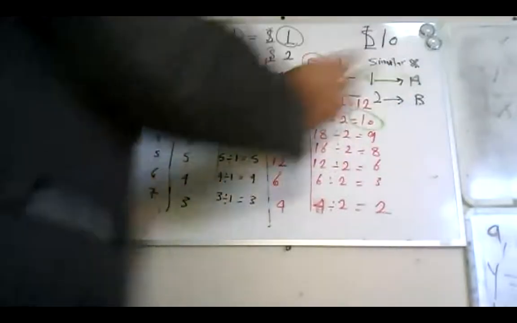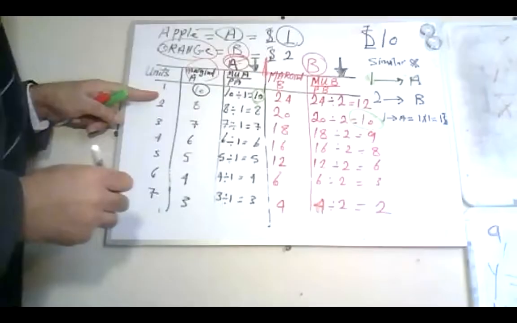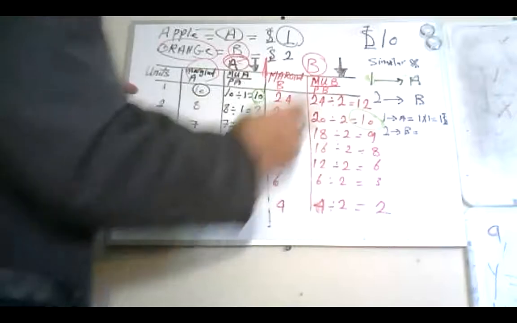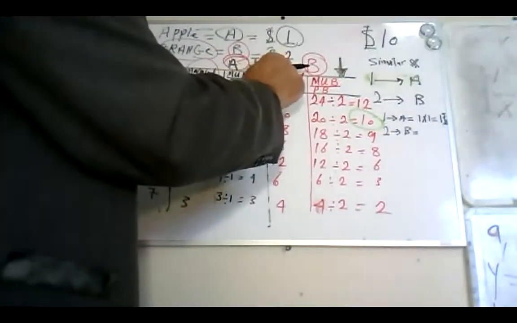So 1 unit of A, the price of the unit is $1. Then 1 unit of A equals 1 by 1 equals $1. 2 units of B, each unit is $2.